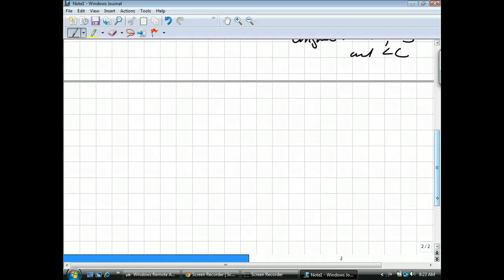Okay. And then we can classify triangles, or one of the ways that we classify triangles is by the number of congruent sides.